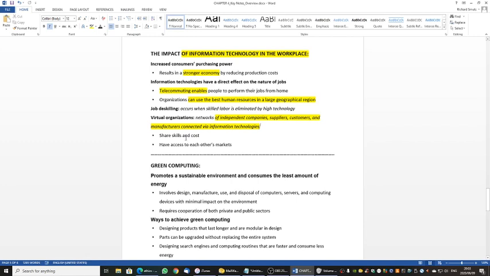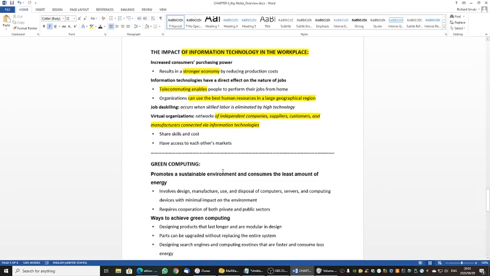They share the skills, they share the cost, and they have access to each other's markets. And that is actually pretty cool, because instead of having a brick and mortar structure, you create what you call a virtual company, and these are becoming more and more popular today.